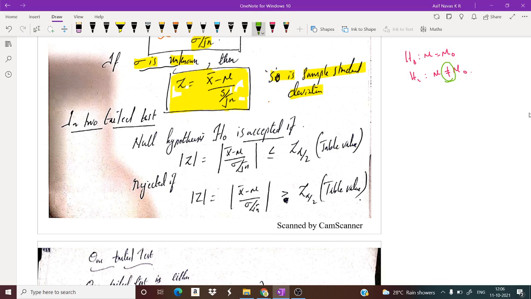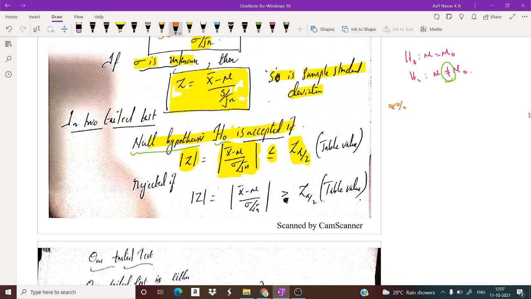So now in a two-tailed test, the null hypothesis H naught is accepted if mod z, that is mod of x bar minus mu by sigma by root n, is less than or equal to z alpha by 2, where alpha is the significance level.